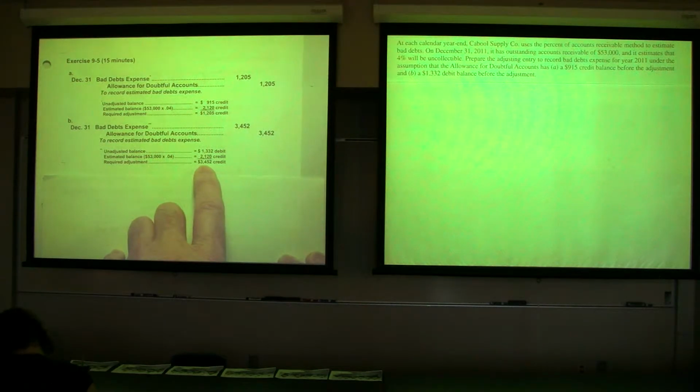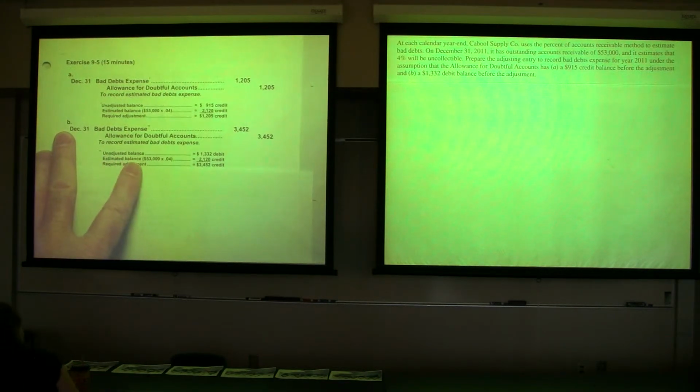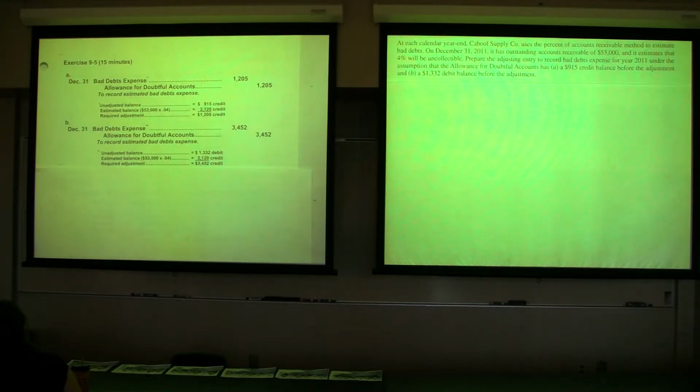It's going to take $3,452 to change this debit of 1,332 to a credit of 2,120. Again, it's because this allowance is a permanent account, and you want to change the balance, so when it goes onto the balance sheet, it will give you the correct net realizable value.